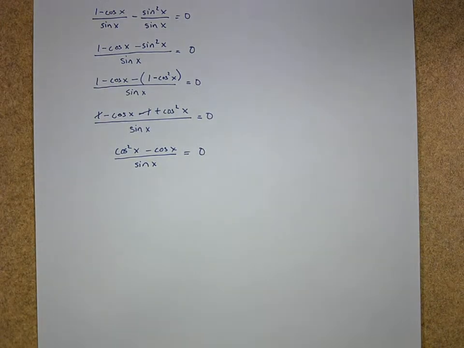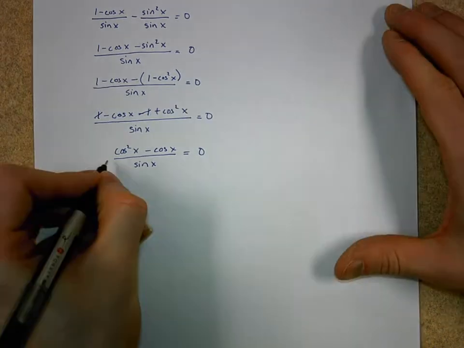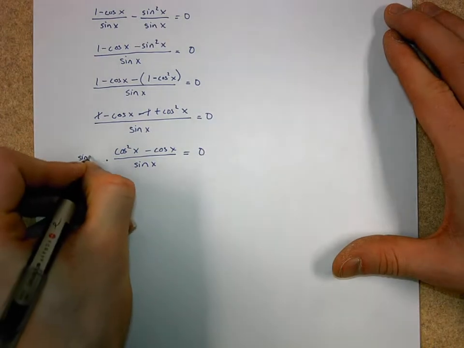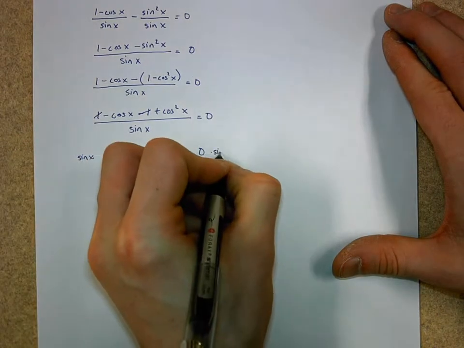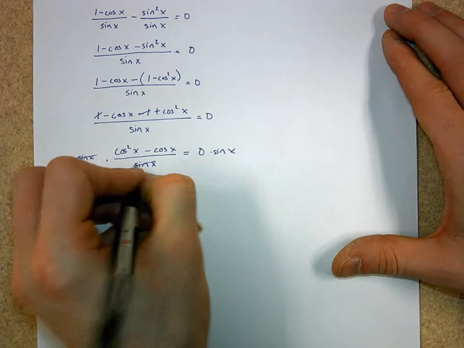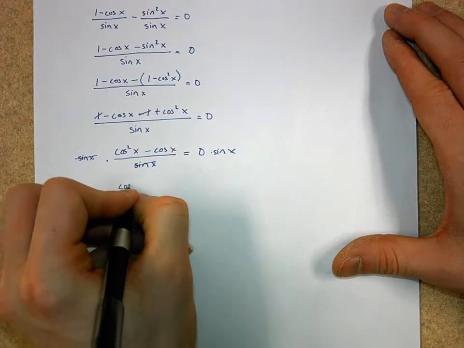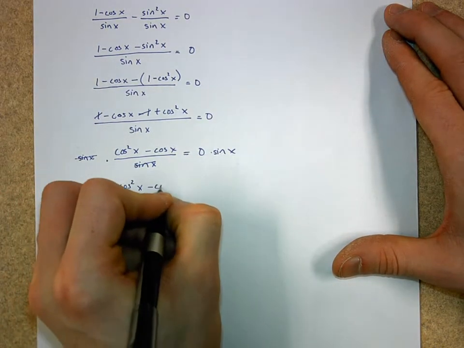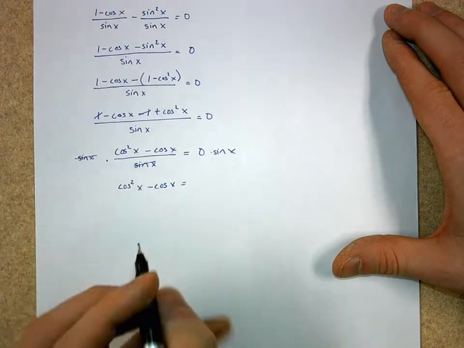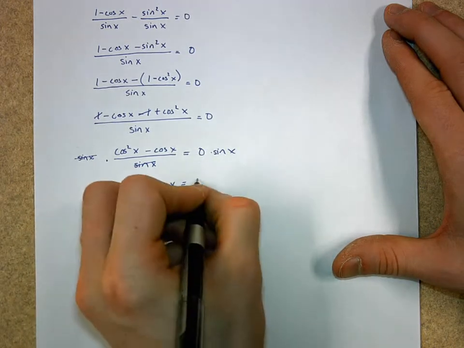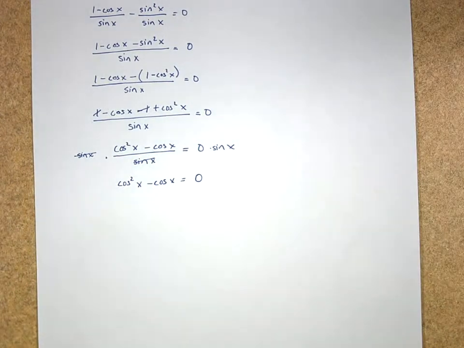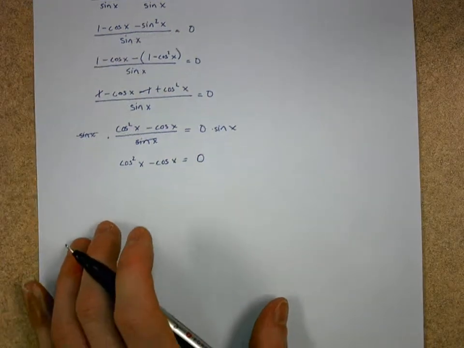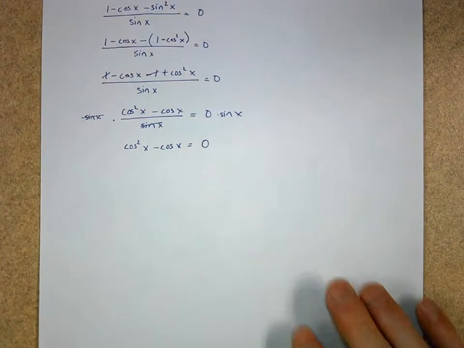Well, now that we've got these cosines and sines, it would be nice if I could get rid of that sine somehow. So let's do that. Let's multiply both sides by sine of x. So I'm left with cosine squared of x minus cosine of x is equal to 0 times sine of x, which is 0. Now that I've done that, I've got a simple equation that I can work with.